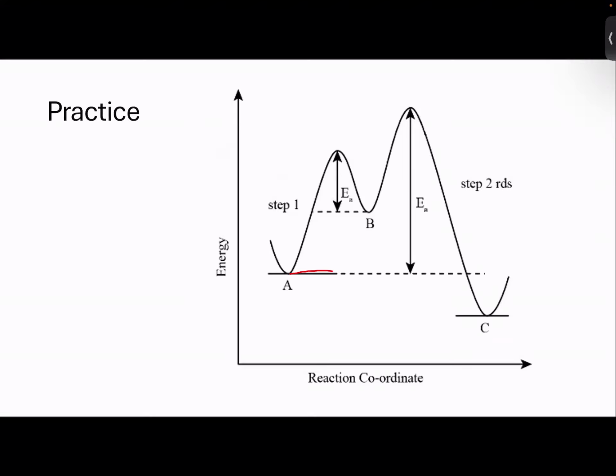Because we have to go from the bottom all the way up, and we need to compare that with that one. This is what happens when I make slides at 5 a.m. This is definitely not a valid energy of activation diagram.